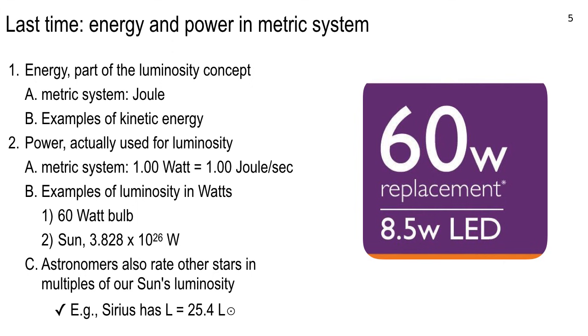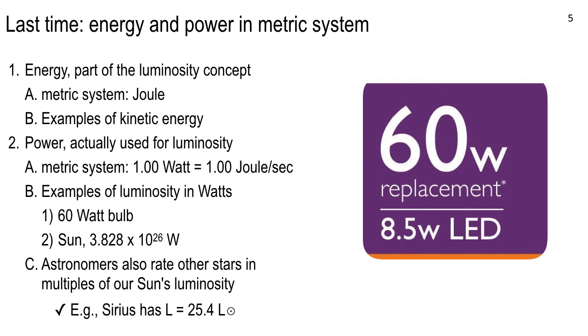And that symbol there is capital L for luminosity, and then the subscript is a little circle with a dot in the middle of it. That's the symbol for the sun. And sometimes you see a capital L with a subscript SUN. Due to the fact that some typesetting systems don't have that symbol, the circle with the dot in the middle of it. But my Macintosh does, so we're going to try to use that.